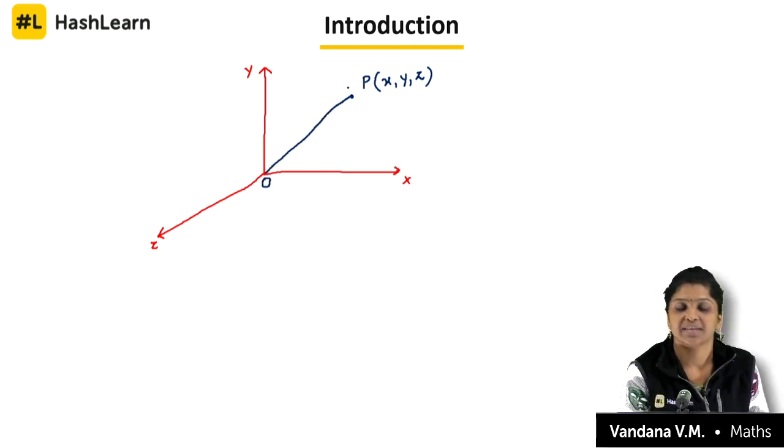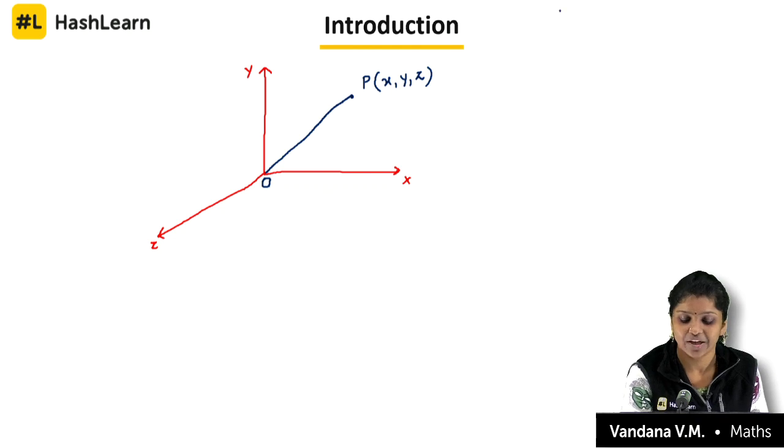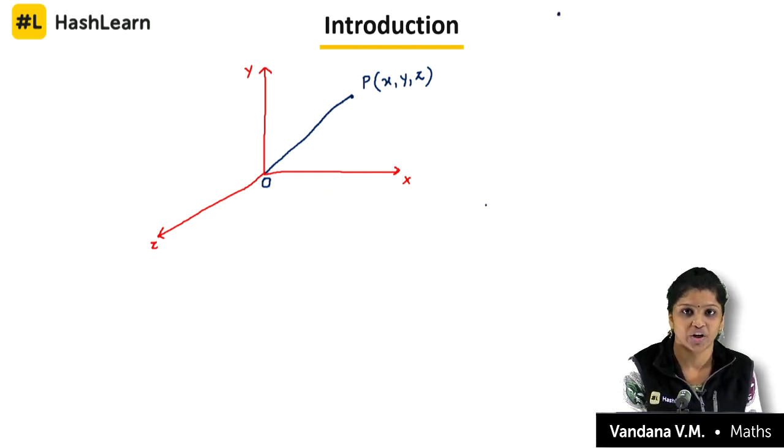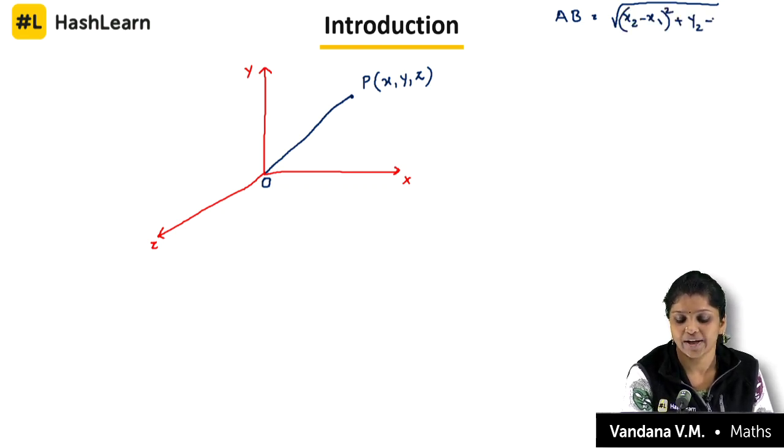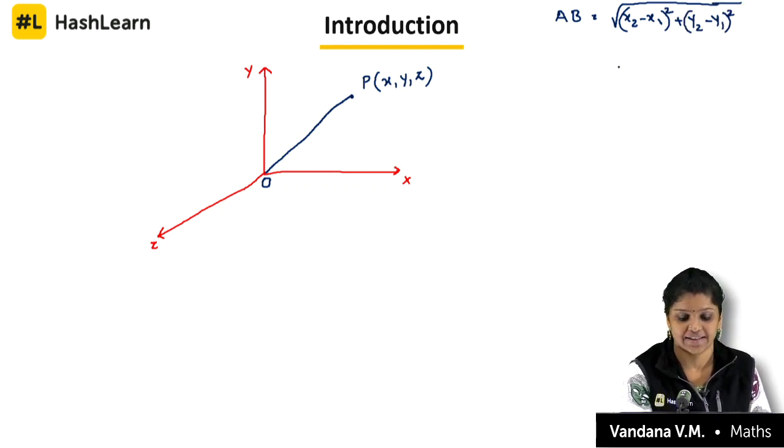This is the distance from O to P, origin to that particular point. Usually, three-dimensional geometry is the extension of your 2D, that is, straight lines. How will you find the distance between 2 points? Easy, right? That is the square root of x2 minus x1 whole square plus y2 minus y1 whole square, when it is in the coordinate axis.